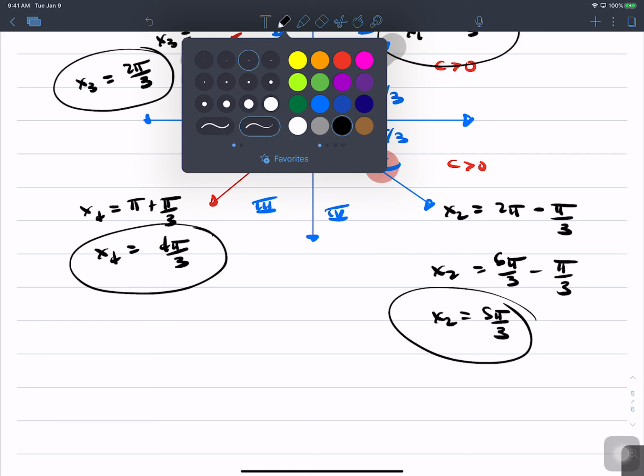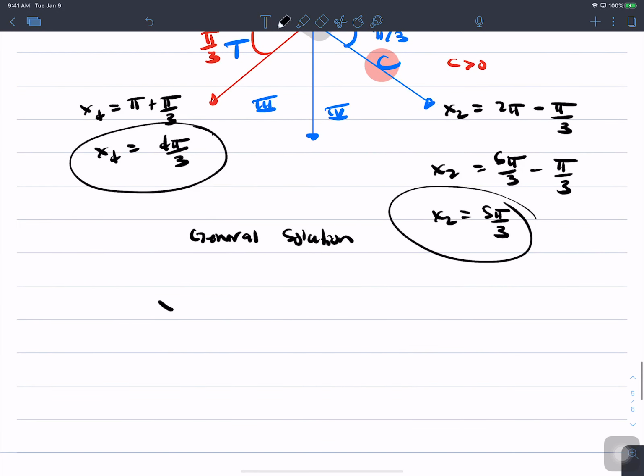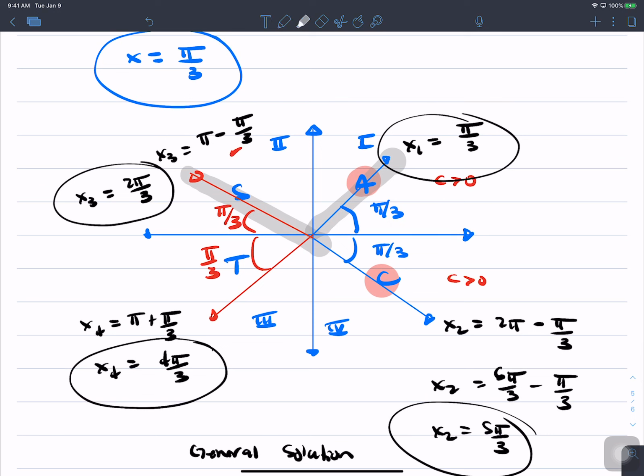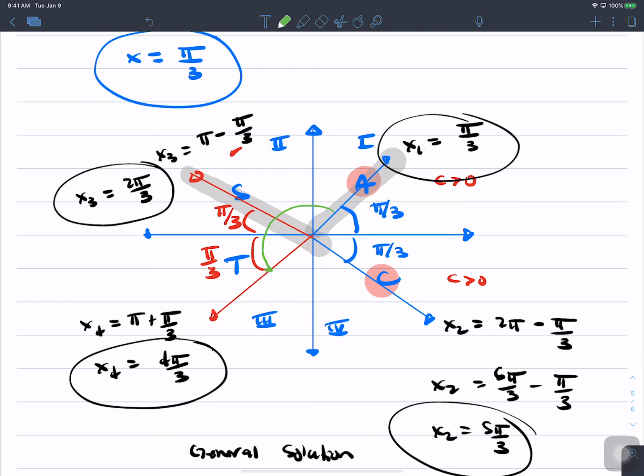Generally speaking, this is going to be the general solution. If I take x1 and I say, okay, the solution is pi over 3 plus n pi, what we're doing here is we're obtaining, if I rotate this x1 180 degrees, here's what I mean.